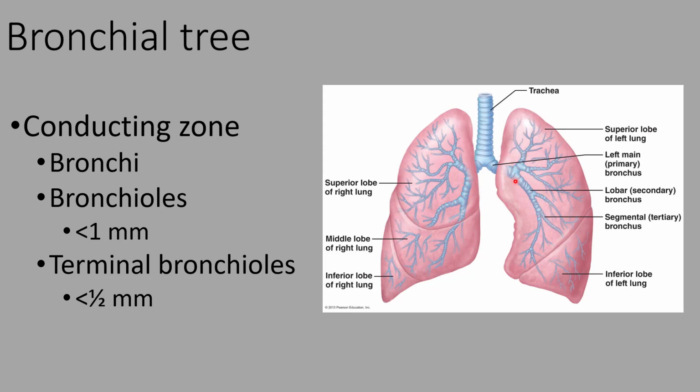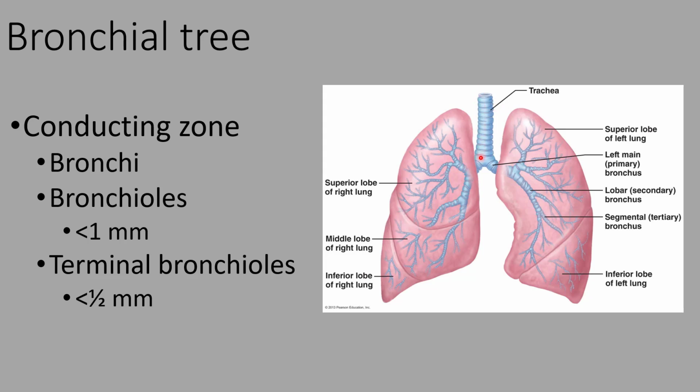The left one splits into 2 secondary bronchi. The right splits into 3. The left splits into 2. And then they split into even more and even more. So we say primary bronchi, secondary bronchi, tertiary bronchi, quaternary bronchi, and they just keep getting smaller and smaller as they branch.